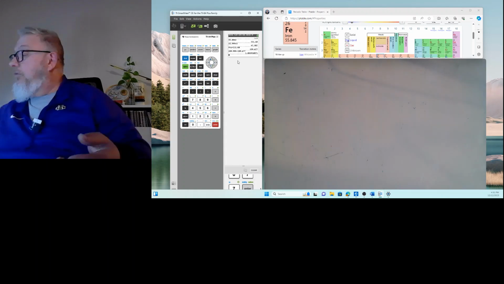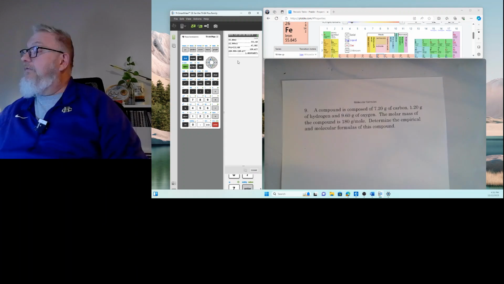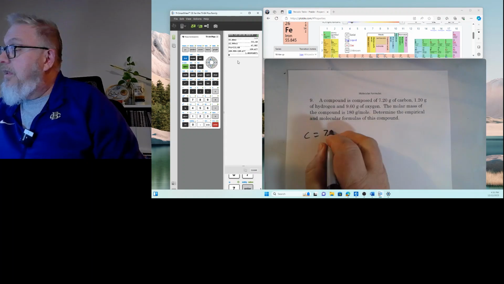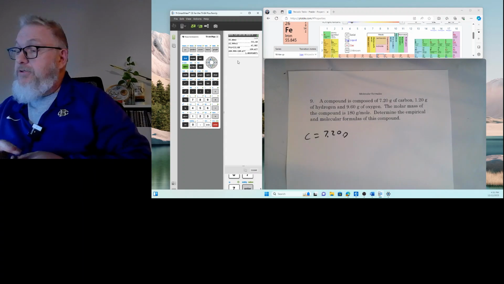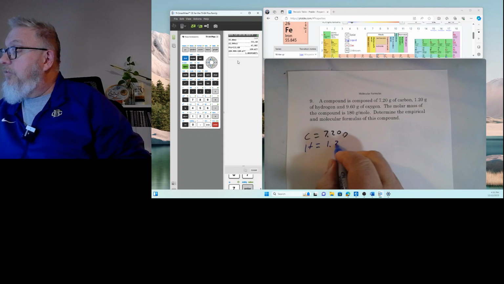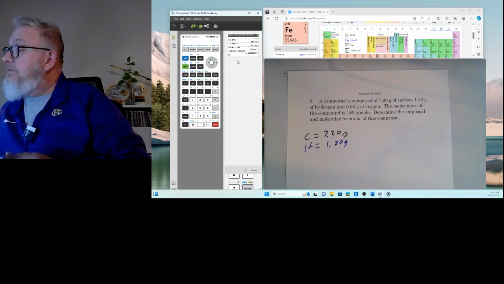Let's look at one more real quick, and we'll go quick with this one. So with this one, I've got a compound that has 7.2 grams of carbon, it's got 1.2 grams of hydrogen, and it has 9.6 grams of oxygen.